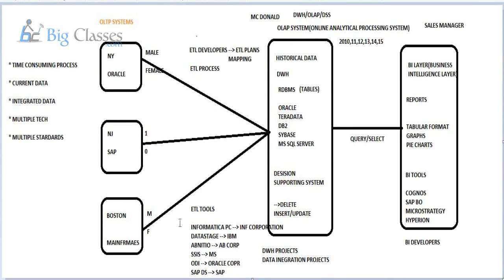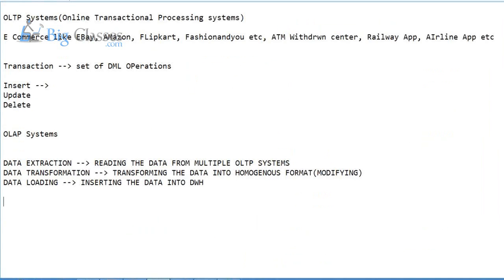Okay, so as a part of this training, we are going to implement one project, one mini project we can say. It's nothing but a sales project. We are taking a retail project here, on the sales data mart. During the sessions, we are going to work on this case study.